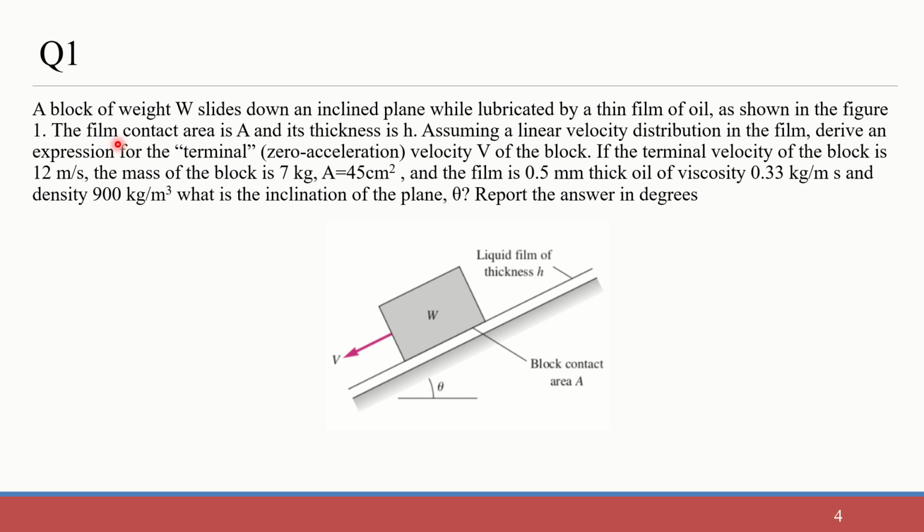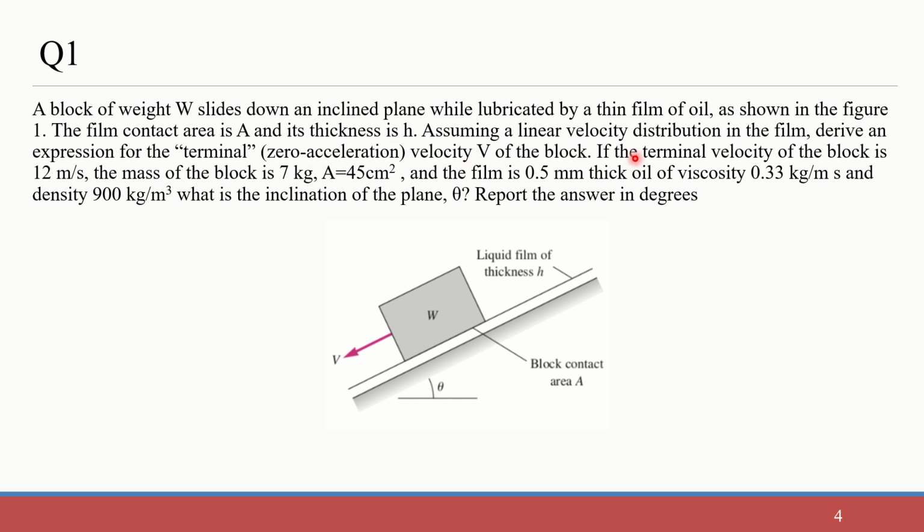A block of weight W slides down an inclined plane while lubricated by a thin film of oil as shown in figure 1. The film contact area is A and its thickness is h. Assuming a linear velocity distribution in the film, derive an expression for the terminal velocity v of the block.